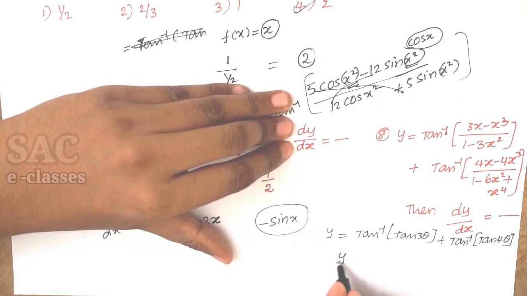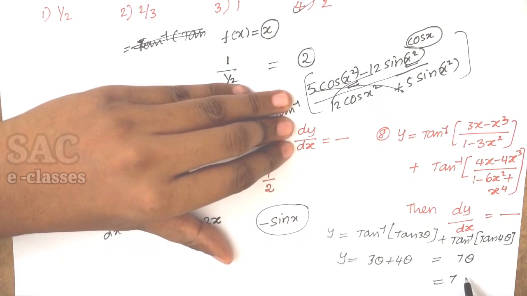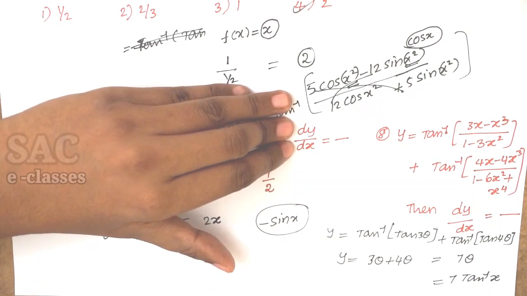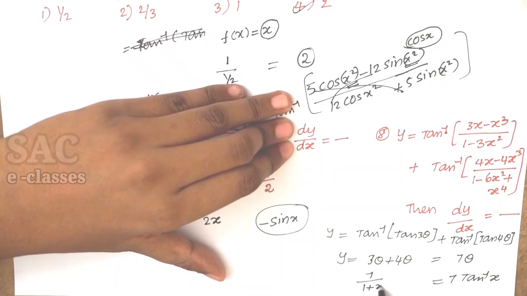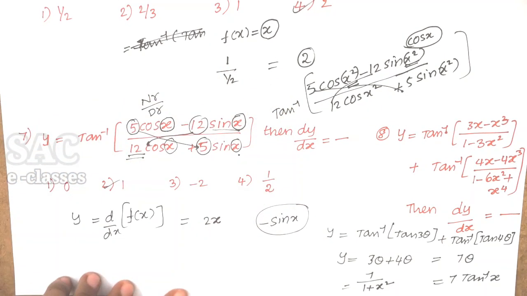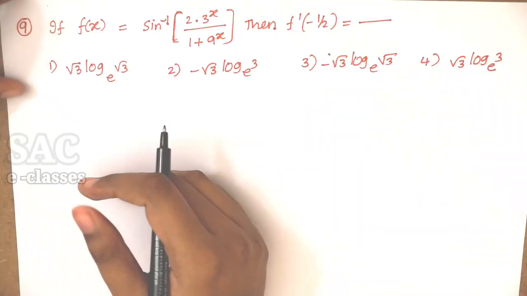So you will get y equal to 3 theta plus 4 theta, which gives you 7 theta. 7 into theta, where you have assumed theta is tan inverse x. So 7 into tan inverse x can be differentiated as 7 by 1 plus x square. That is the dy by dx.